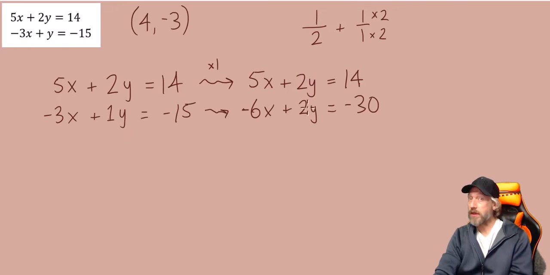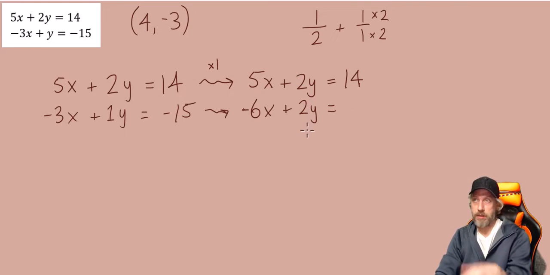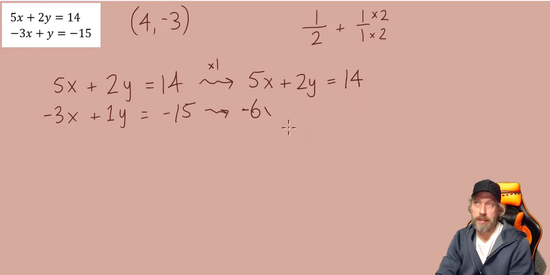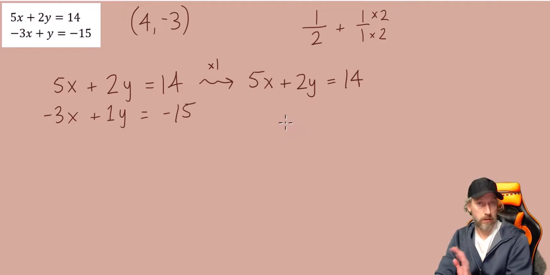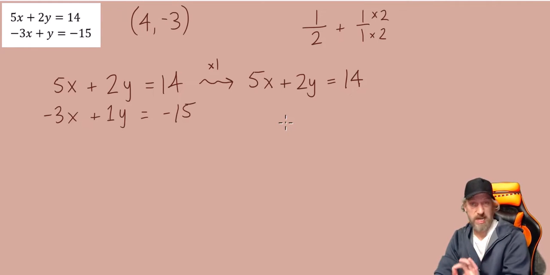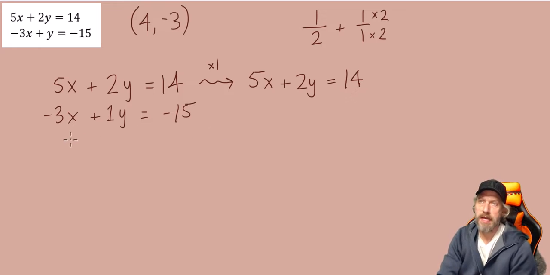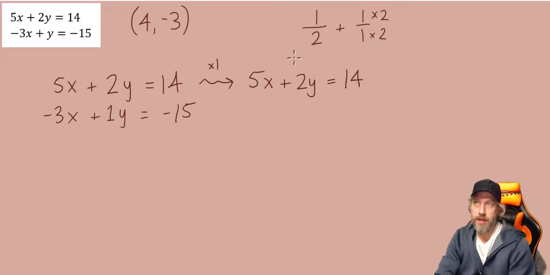So that's another thing that we have to keep in mind when we do this multiplication. We would look at that second equation, given that the top one is staying the same, and we would say, yes, we need to multiply it by 2, but if we do that, our y terms will not be opposites. So we really need to be multiplying by negative 2.